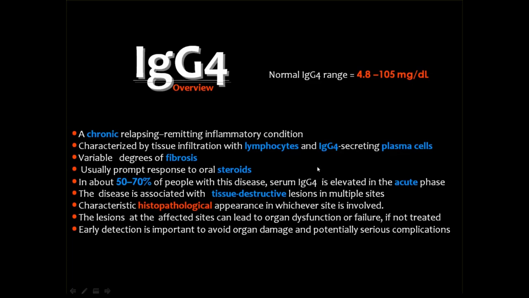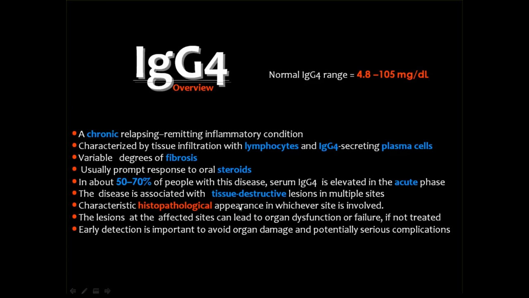One of the most prominent criteria is their very good response to corticosteroid therapy. In about 50 to 70% of patients, the serum IgG4 is elevated. The normal level of the IgG4 is, let us say, from 5 to 105 milligram per liter.